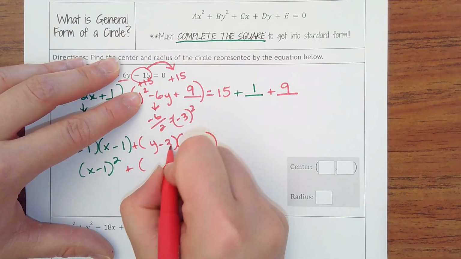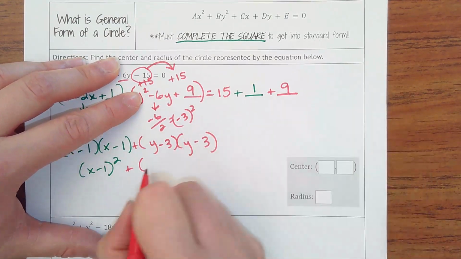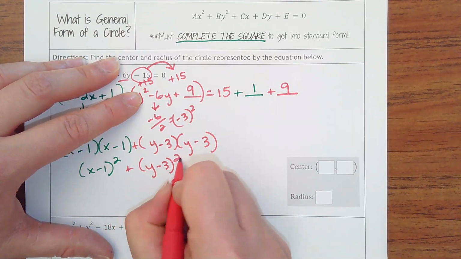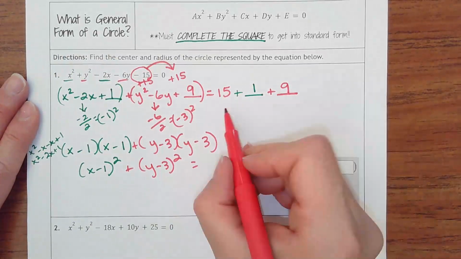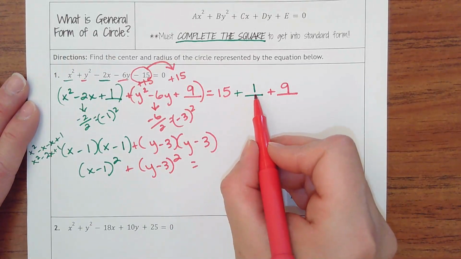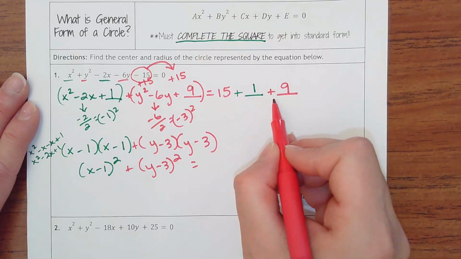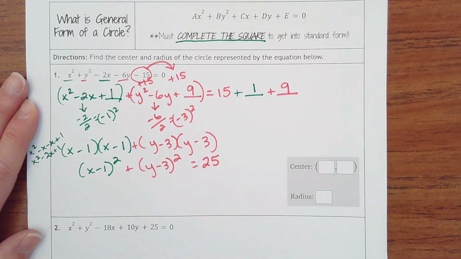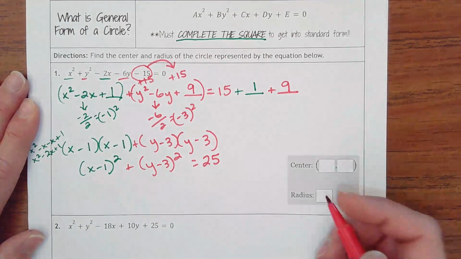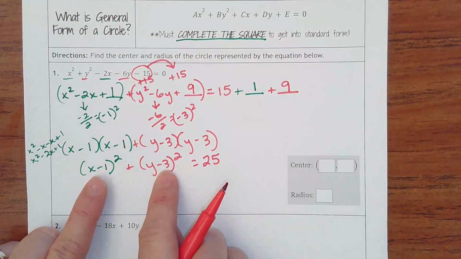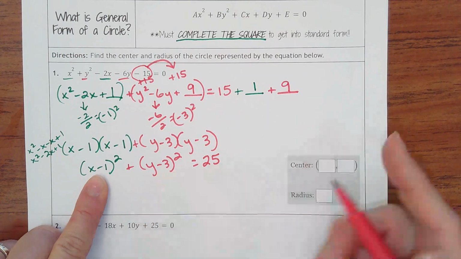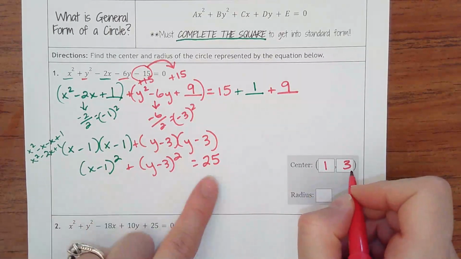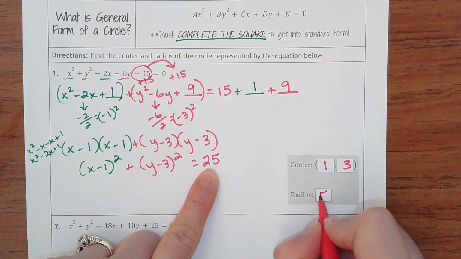It's going to have to both be negative 3's. So I'm going to write that as y minus 3, quantity squared. And then I simplify this side. 15 plus 1, or really 1 plus 9 is 10, plus 15 is 25. And then it wants us to find the center and the radius. So my center gets pulled out from these numbers, so it's just 1 comma 3. The radius is the square root of this number, which should be 5.